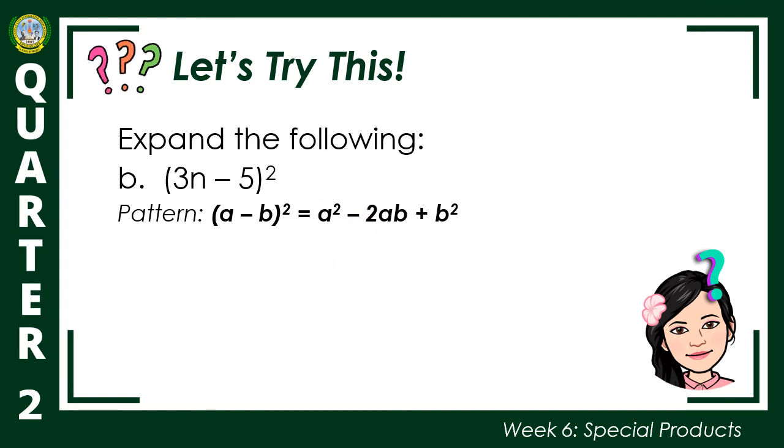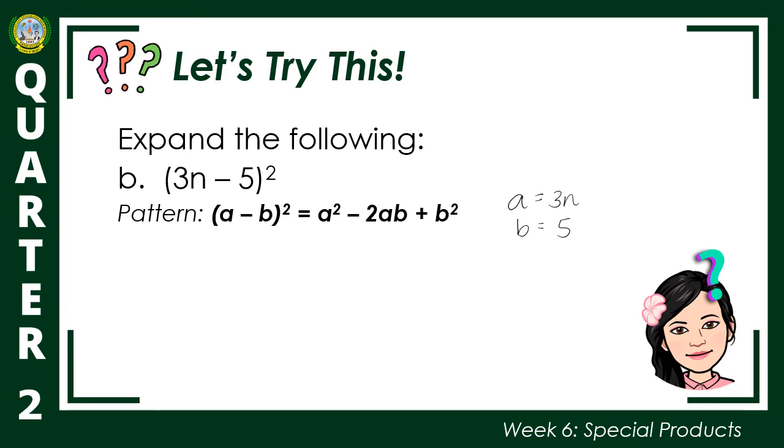So, let's assign the A and the B. Ang A po ay 3n. Ang B ay 5. So, as you can see, 5 na yung ginawa ko, hindi na negative 5. Though negative 5 po yung term na to, 5 na yung ginamit ko kasi nasa pattern na po yung negative, naka-integrate na. Okay? So, para hindi na po malito ang lahat, so 5 na lang ang ating gagamitin.